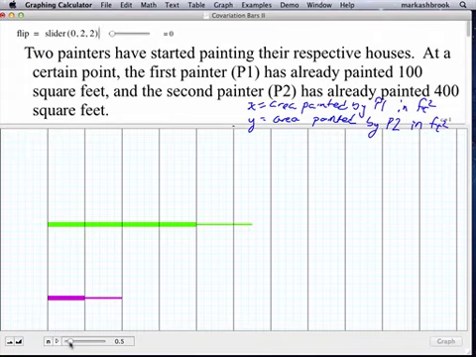Because otherwise it would have been double. If painter 1 paints twice the amount, then painter 2 ought to paint twice the amount. And did he? No. So the total amount painted by painter 2 is not proportional to painter 1. Agree with that?